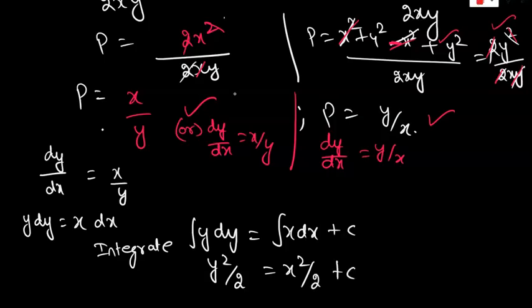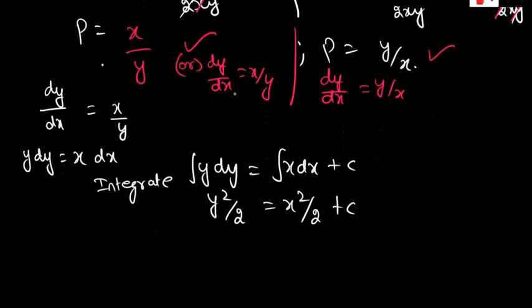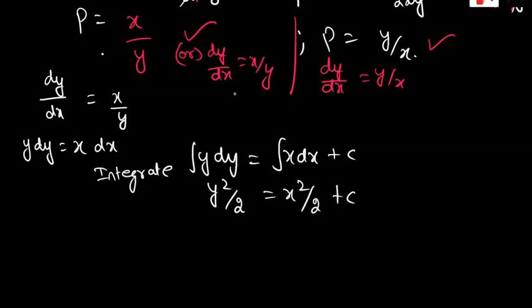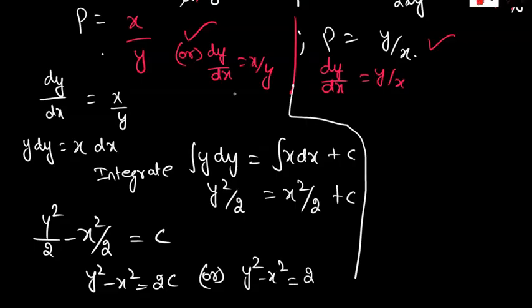If I simplify this, I will write it down here because we have one more equation to simplify. This one, let it be there. y square by 2 minus x square by 2 is equal to some c. This is nothing but y square minus x square is equal to 2c, and I can write 2c as k.